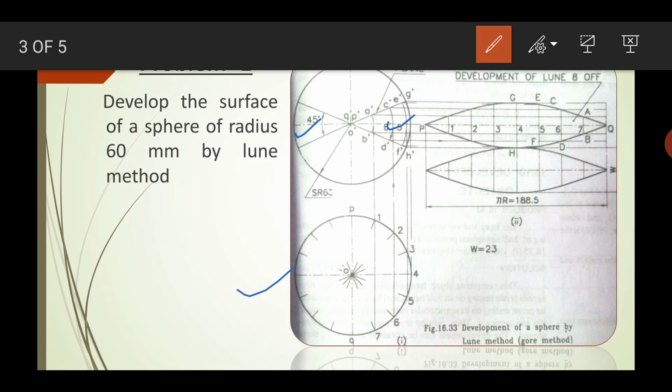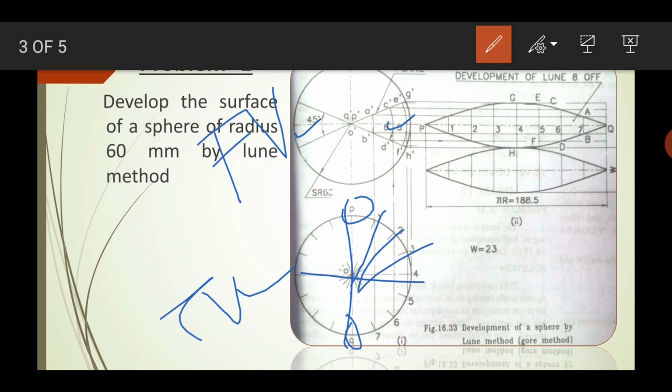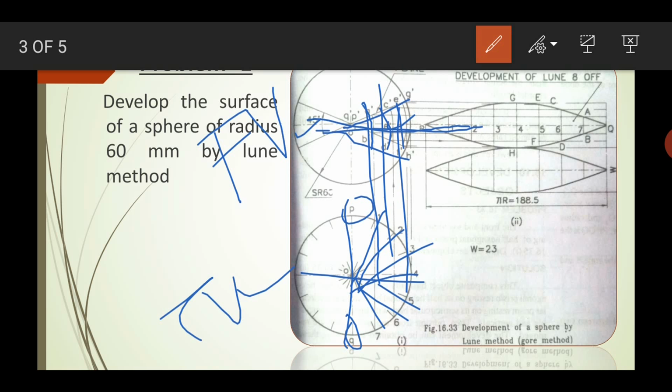For the top view, you draw it with center point O and radius taken as 60 mm. So first you draw the front view, and then you draw the top view, and then you mark the P and Q here, and draw the axis, and you divide it into 8 parts, and then you project each number from here up to the axis, and you make a small arc here, and draw the points here.